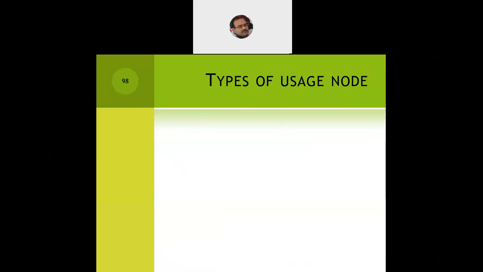Now we say there are two types of usage node, because if you use a variable, there are two things we can do with the variable within a program. First, I use any of the looping constructs like if condition, while loop, do while loop, for, switch case. I use any of these constructs to manipulate those particular variables.